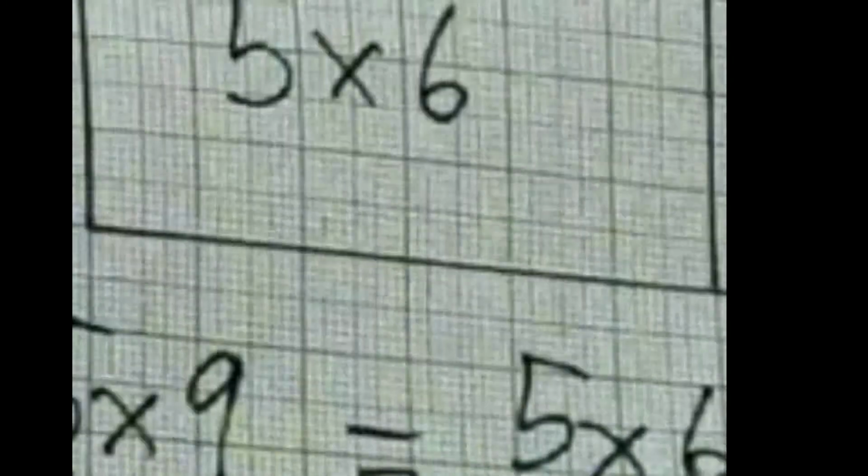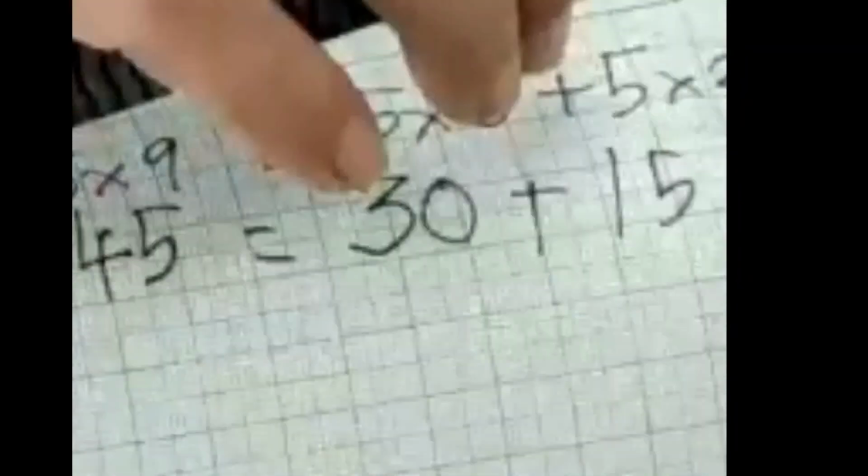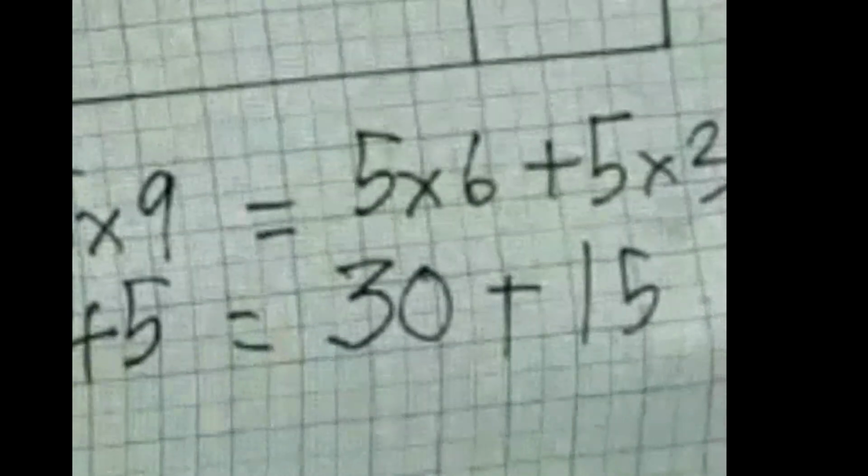But we also know that 9 is equal to 6 plus 3. I will write that here. 9 is equal to 6 plus 3. So I want you to replace 9 by 6 plus 3 in this expression.